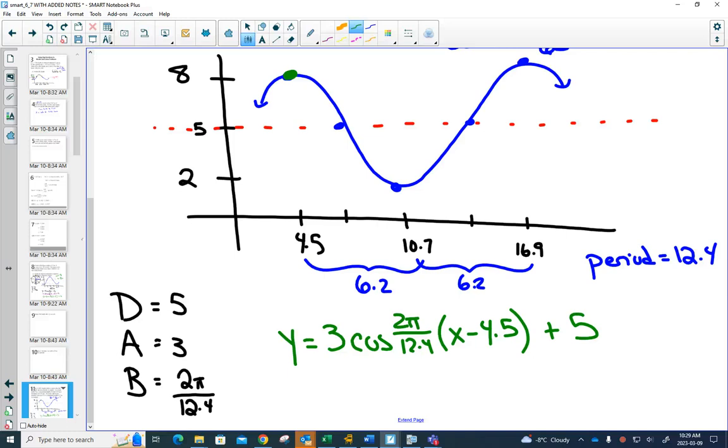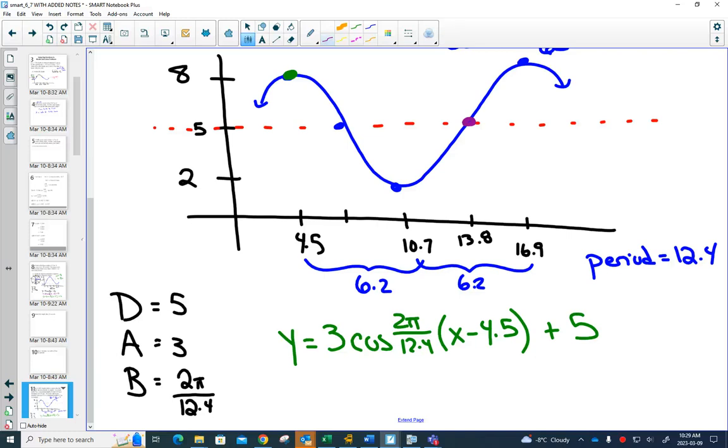For a sine graph, where does a sine graph start? In the middle going up. So you just need to find in the middle going up somewhere. Now we're going to have to figure out what that value is. Okay, if this is 6.2, half of 6.2 is 3.1. This will be 13.8.